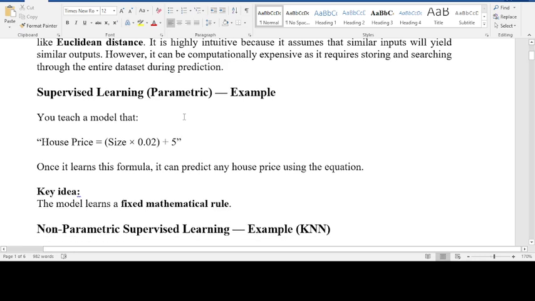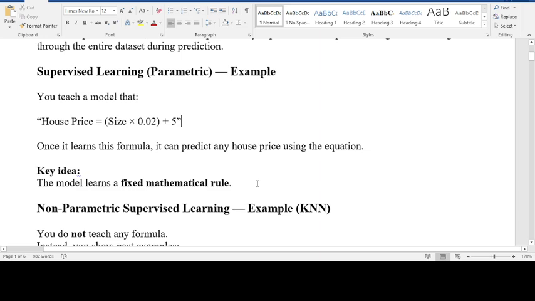First of all, if there is a parametric, it means we are using some formula to find the label, to find the class. That is called parametric. You are teaching a model, it means you are training a model using some fixed formula. Once it learns this formula, it can find any house price using this equation. That is called parametric.